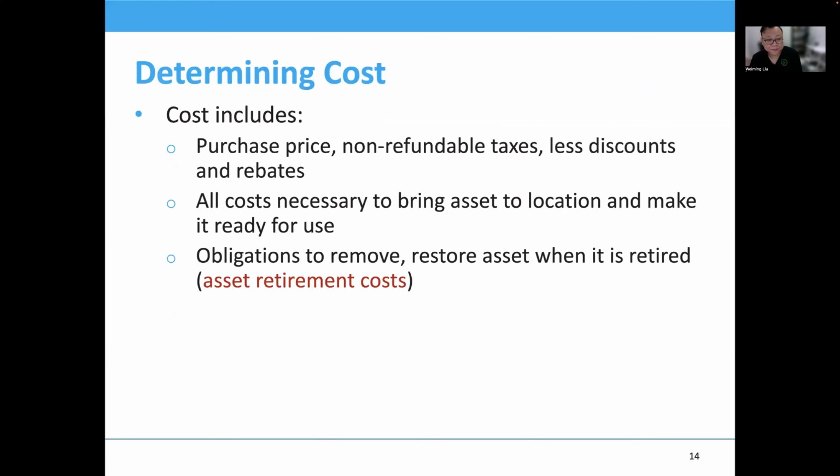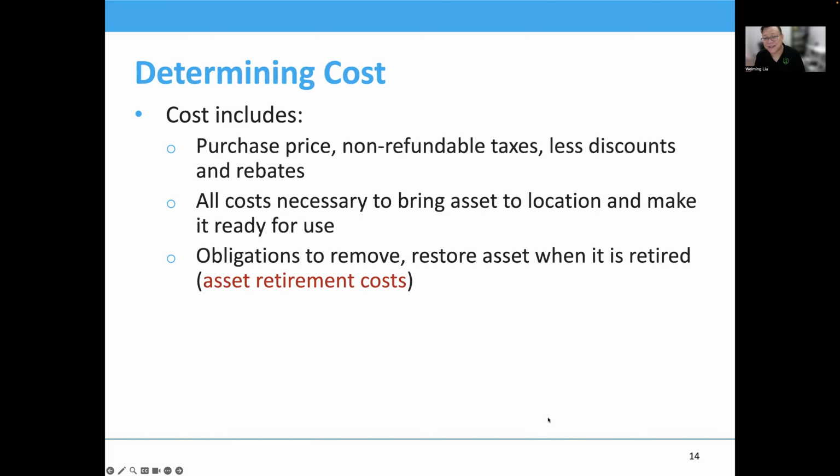Determining the cost. What does this cost include? If you say, on my financial statement, this building, this land is $2 million, how did you get that number? What costs can be included in the calculation of the cost? Purchase price: you buy it from a seller, so that purchase price is definitely part of your cost.